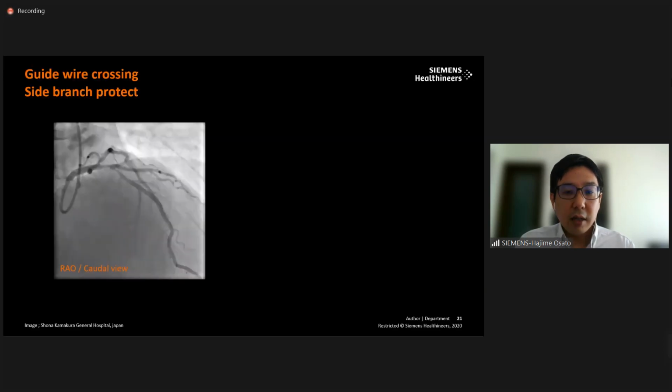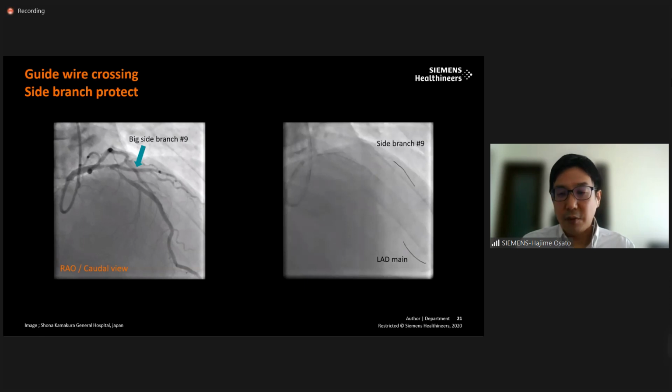And guide wire crossing. After control acquisition, the doctor advances the guide wire into the coronary tree. All the devices are progressed along the guide wire. So in this case, there is number 9, therefore 2 guide wires are required. One is for the LAD main branch, and the other for the number 9 diagonal branch.